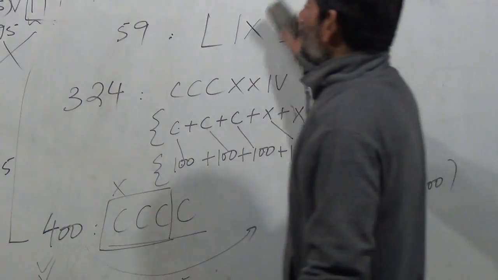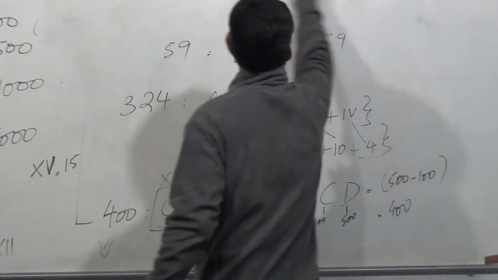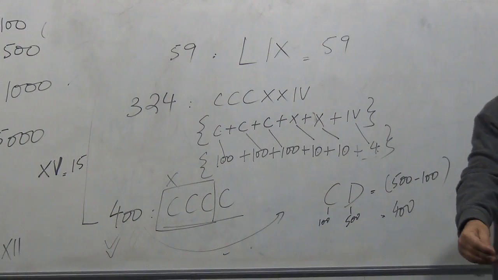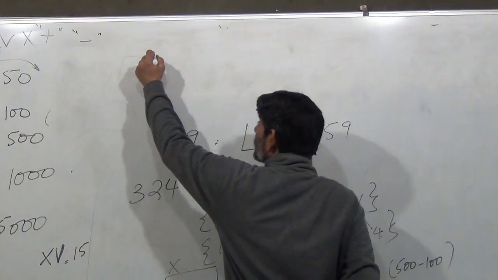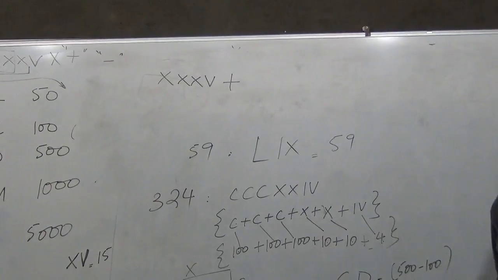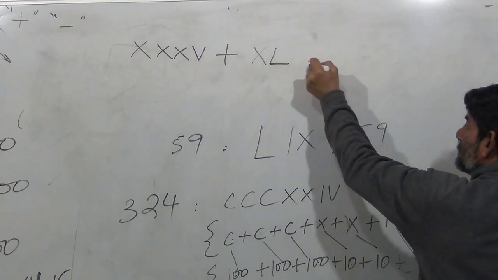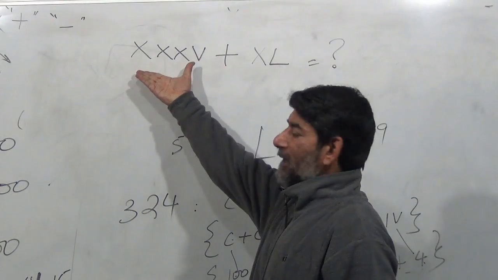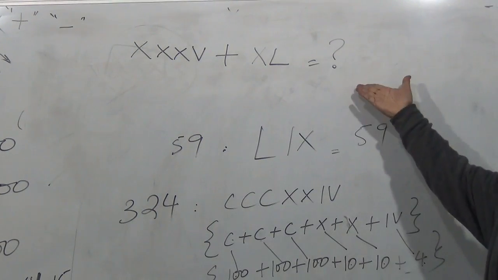Then we can also look at mathematical operations in the Roman system. For example, the question is, you have to add a Roman number to a Roman number and give the answer in a Roman number.